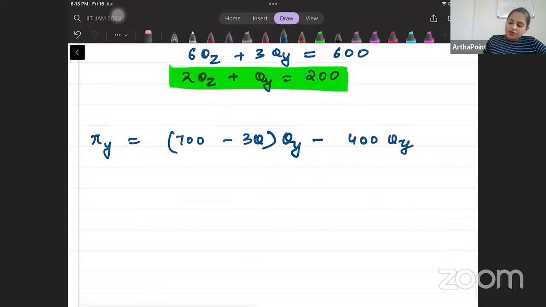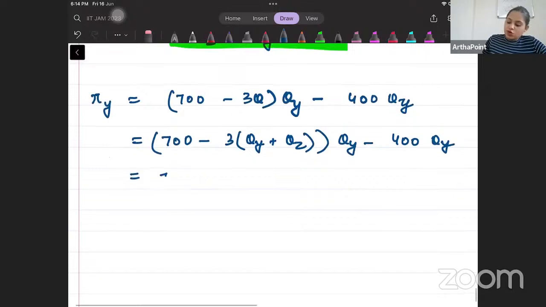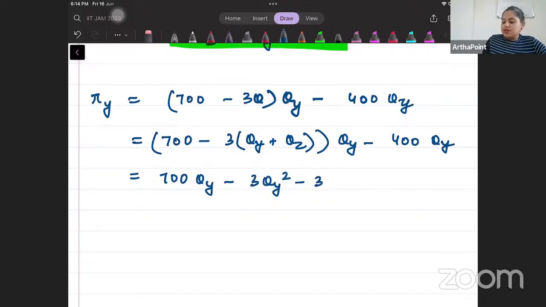Open this up. This will be 700 minus 3 times QY plus QZ, into QY, minus 400 QY. This will come down as 700 QY minus 3 QY square minus 3 QZ QY minus 400 QY.